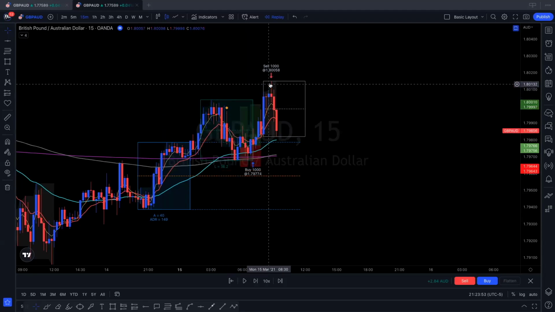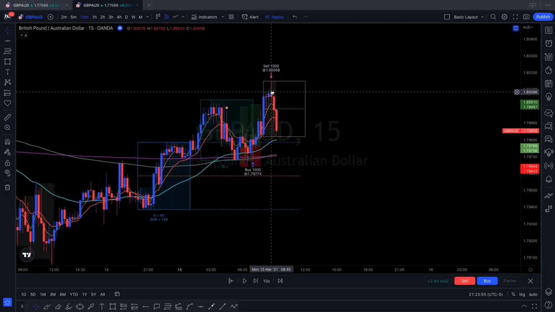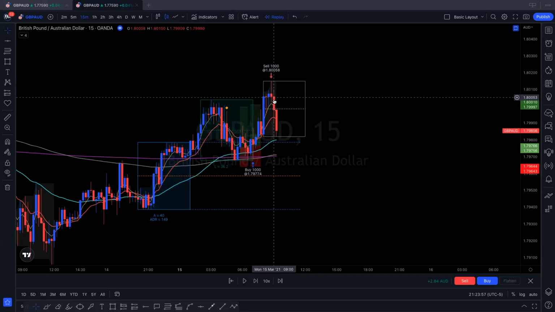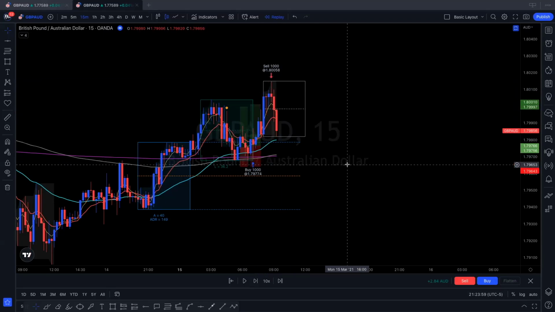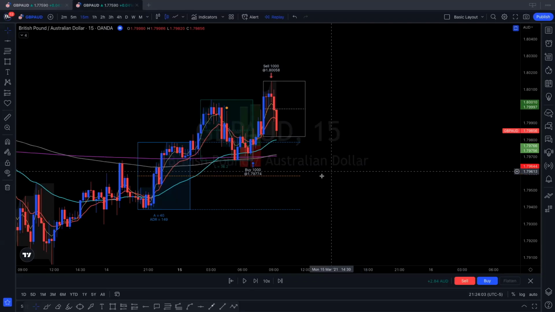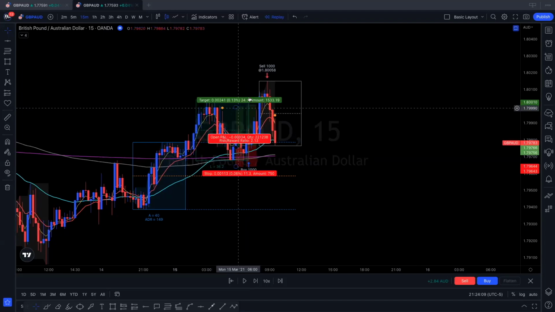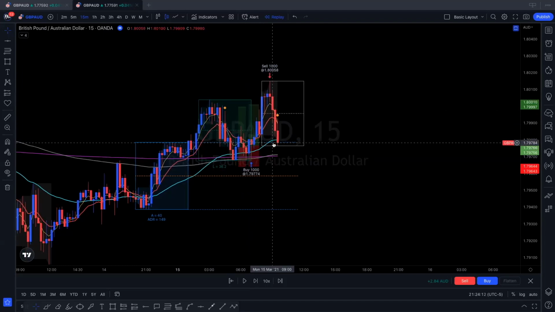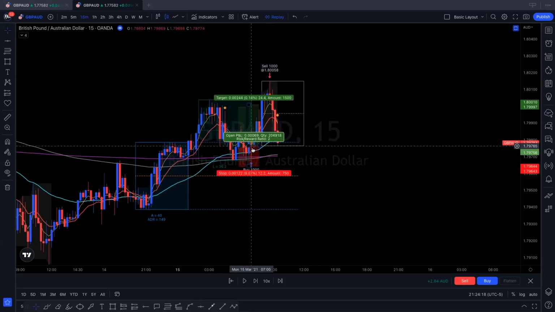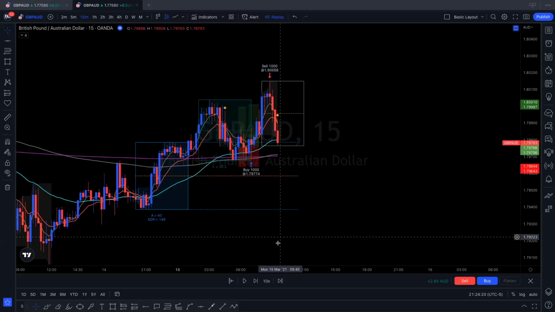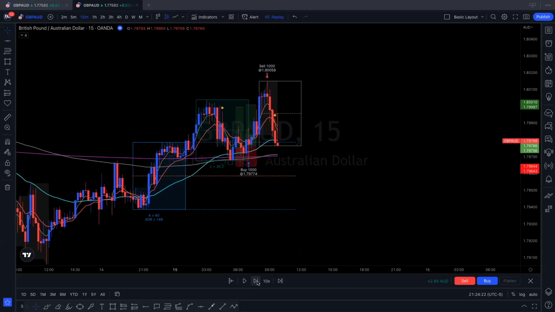How this went up, gave you the wick there, came back down again. Now, if this is going to be a continuation trade, price needs to hold this area here. If it doesn't hold this area, it's not going to be a continuation trade.